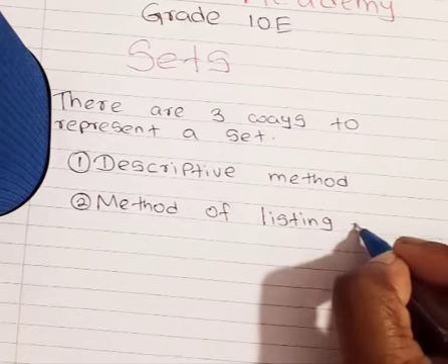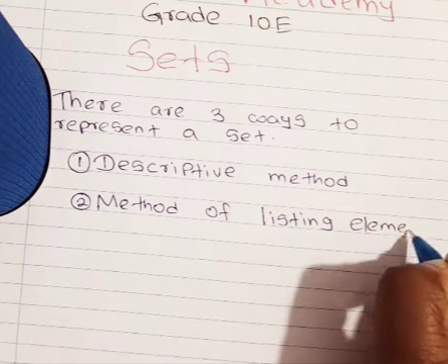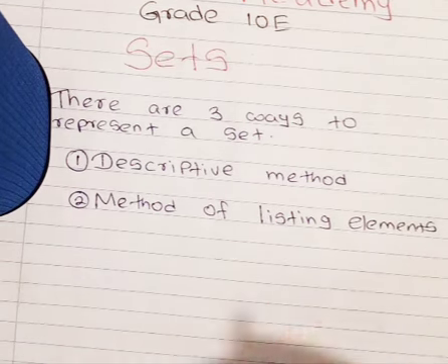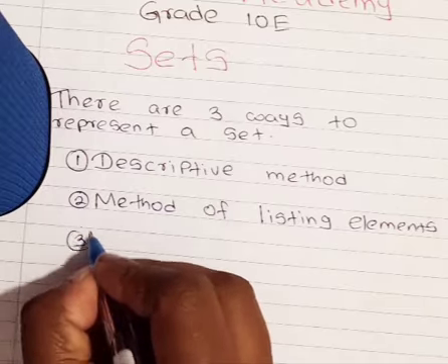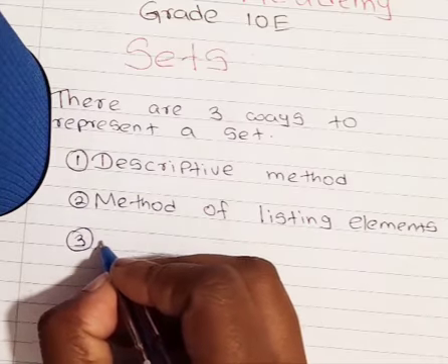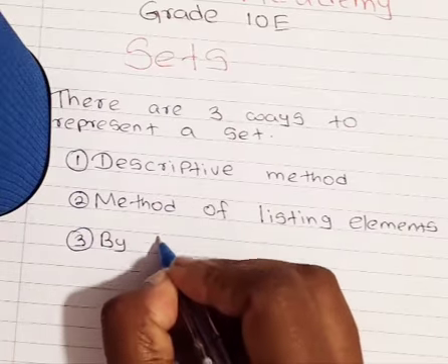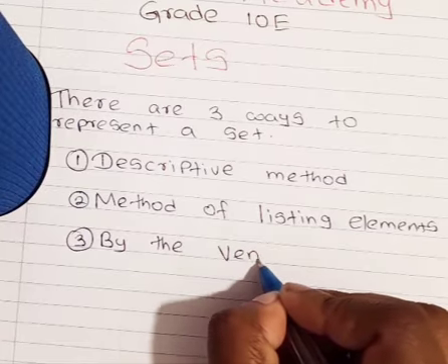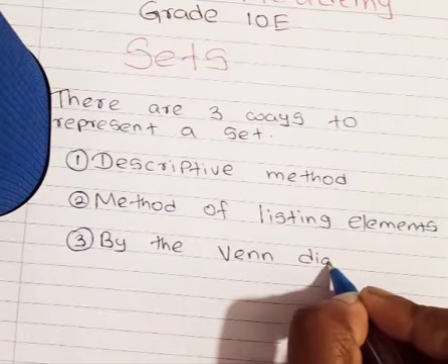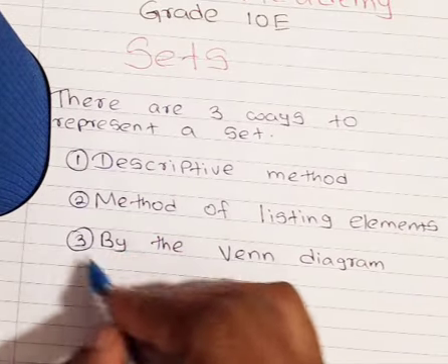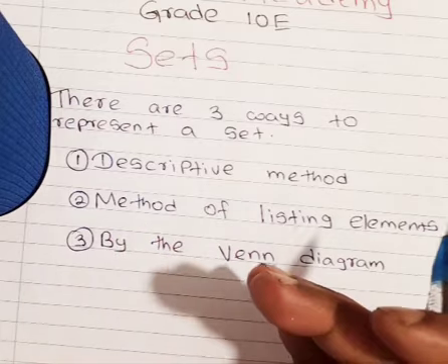Then the third one is the Venn diagram. So these three are the basic three ways to represent a set.